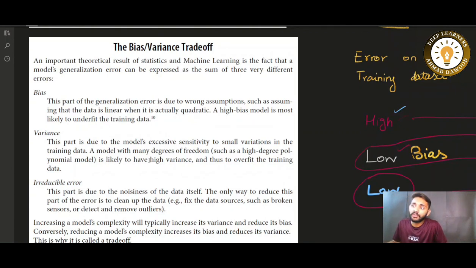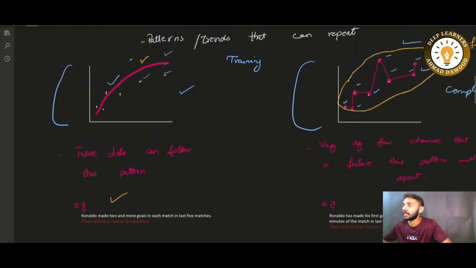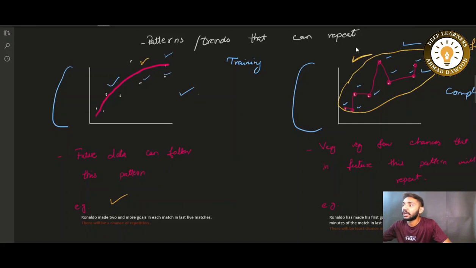In other words, a model with many degrees of freedom, such as a high degree polynomial model, is likely to have high variance, and thus to overfit the training data points. Here you can see this type of model is excessively sensitive to small variations, while this other model is ignoring the small variations. It is just generalizing the points.